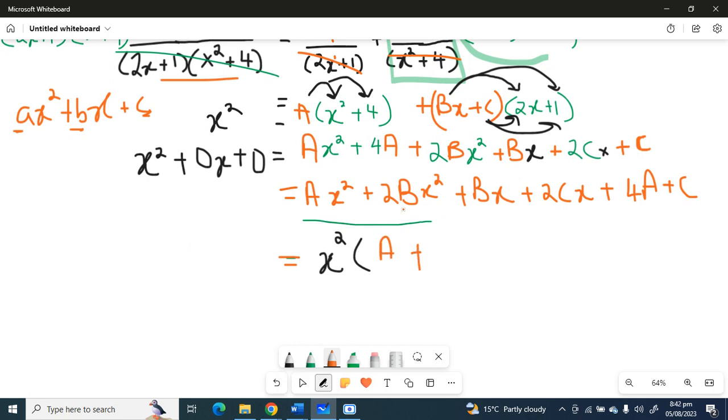A. 2bx squared divided by x squared, 2b. Plus, we now come to this bx plus 2cx. Common factor, x. Bx divided by x, b, plus 2cx divided by x, 2c. Plus our constants here, 4a plus c.